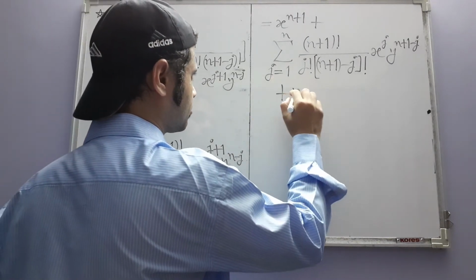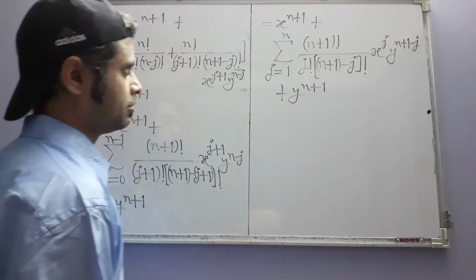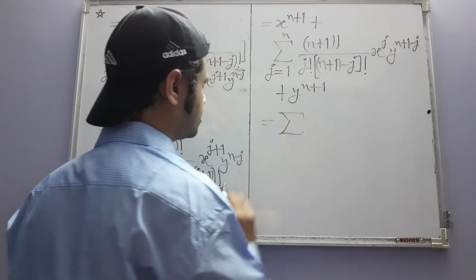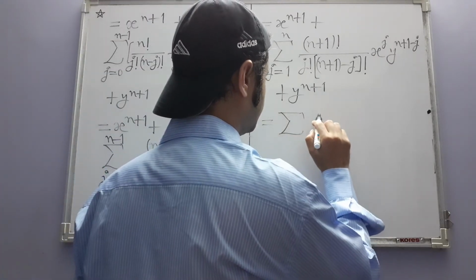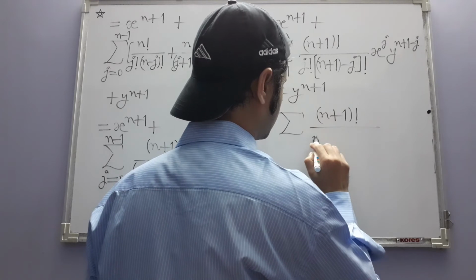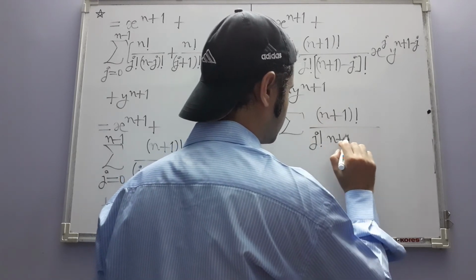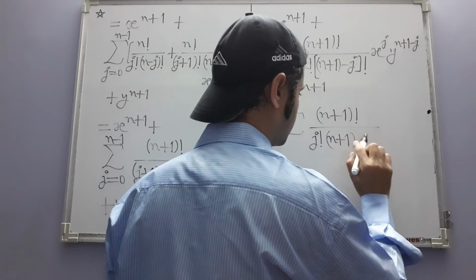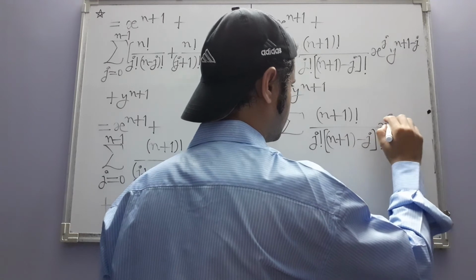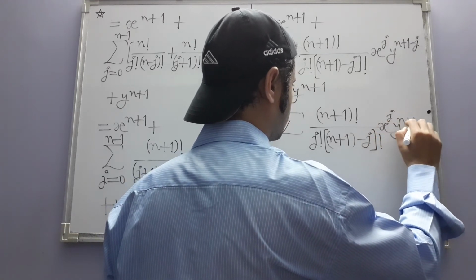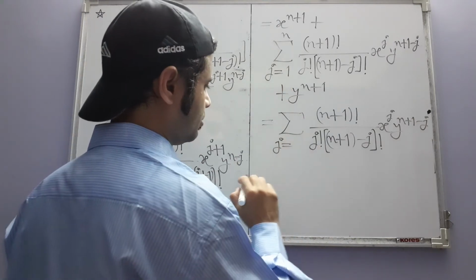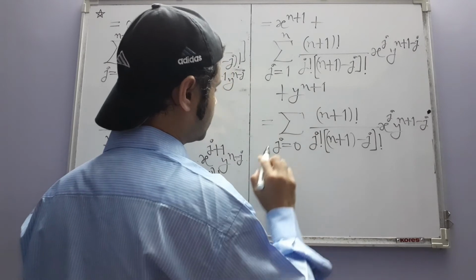plus y to the power n plus 1. Again, using elementary properties of finite series, if we write like this, and now our limits, both of them are different.